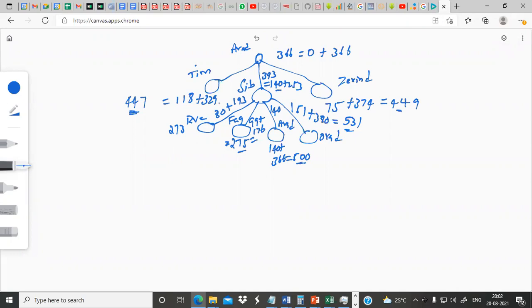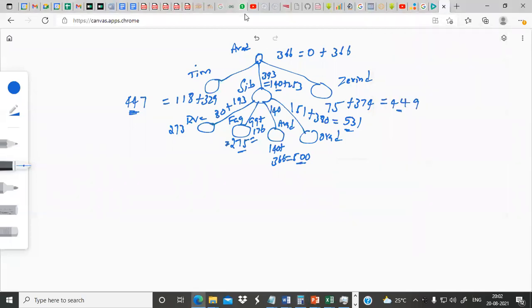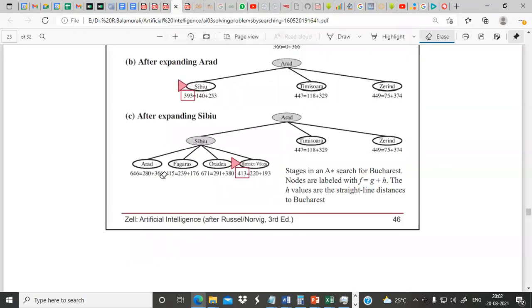So when you add 140 to Rumnicu Vilcea, what will you get? 273 plus 140, that is 413. So that is how here you got 413, right?